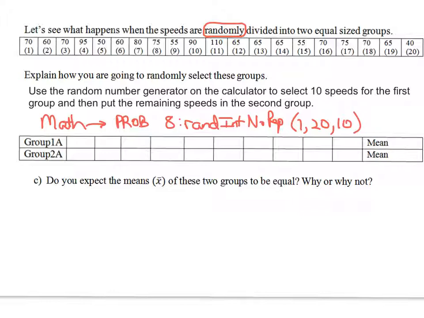Now again, remember that if your calculator gives you an error when you do this, then just generate one number at a time, and if you repeat numbers, then don't count the ones that you repeat.